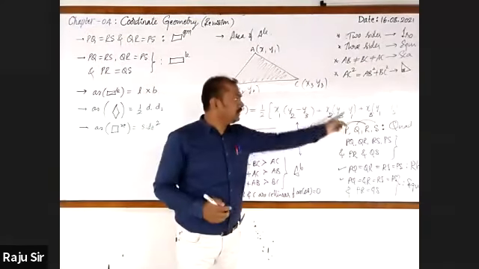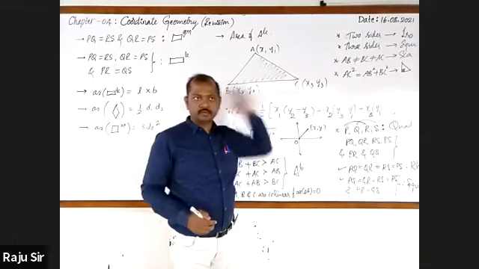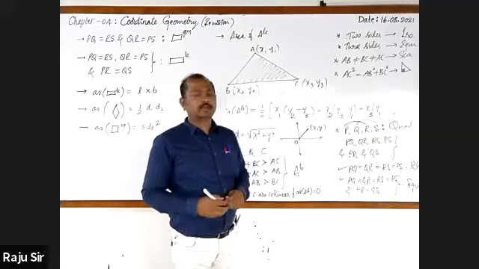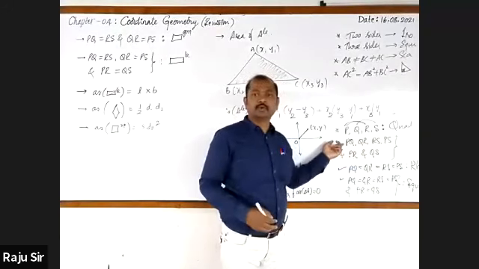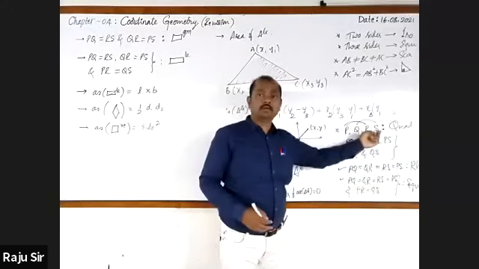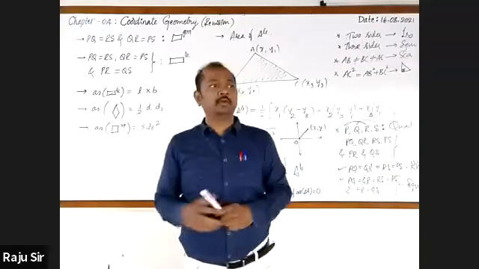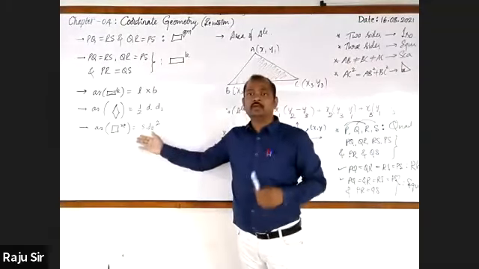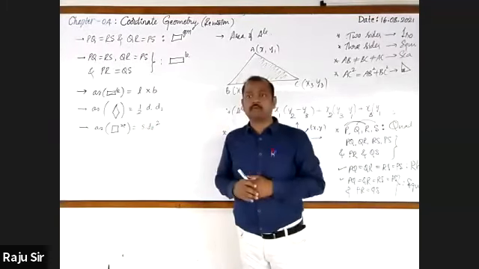If P, Q, R and S are the vertices of a square, take any one of the sides and square it. You have to find any one of these four sides: PQ, QR, RS or PS. Once you find one side, you can find the area of the square, because in a square all the sides will be equal. Understood?